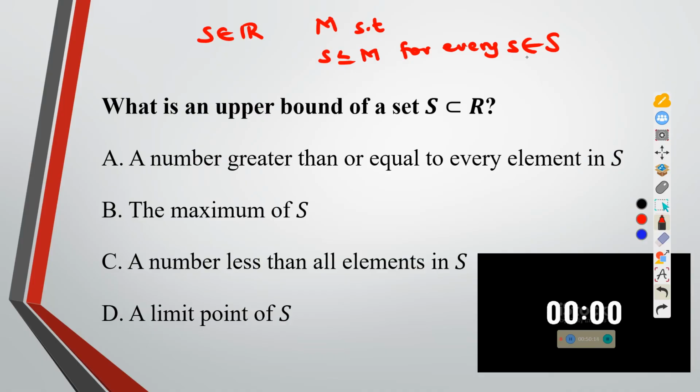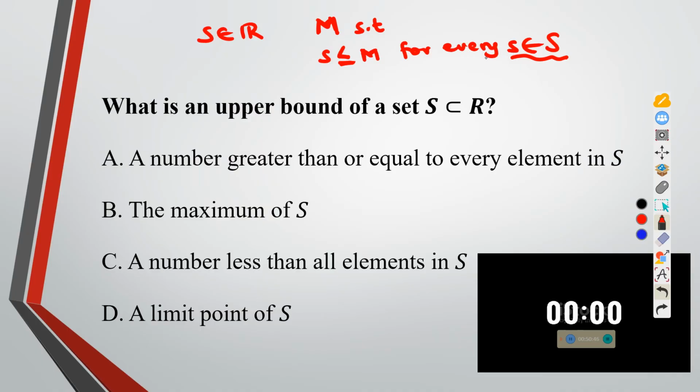So if you are having elements of S and you are having a number M such that all the elements of S are less than or equal to that number M, this M will be said to be an upper bound. It might be part of the set S, or it might not be part of the set S as well.